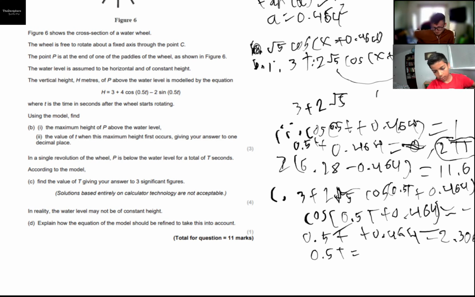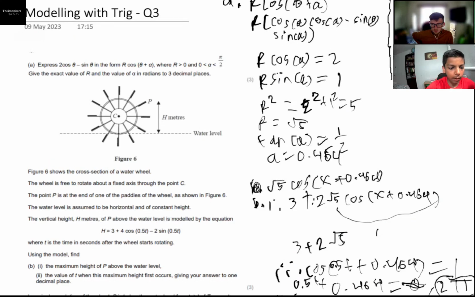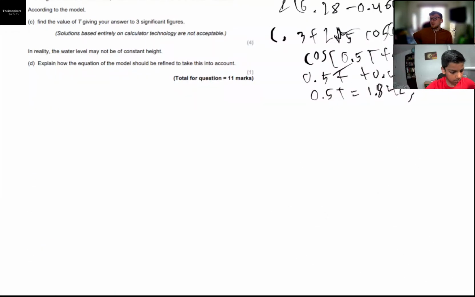I'm just taking away 0.464, so 2.306 minus 0.464 is 1.842. And the other one is 3.513.